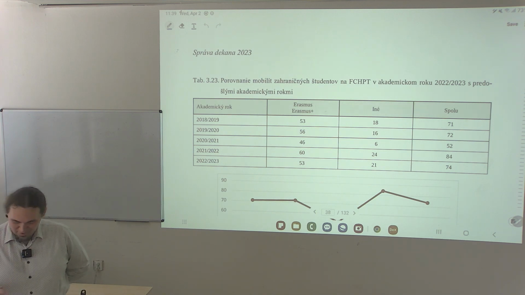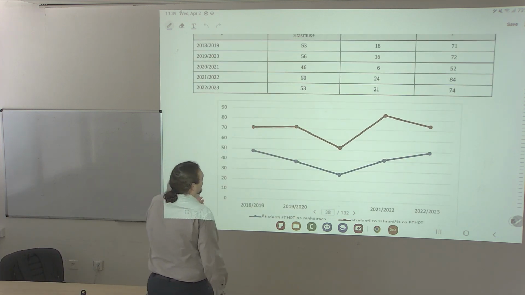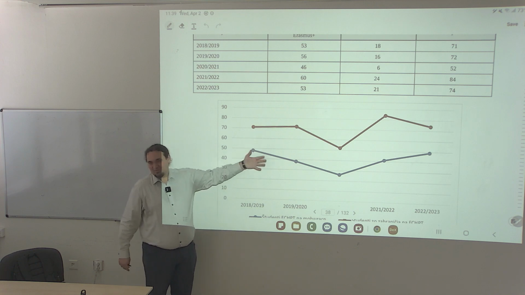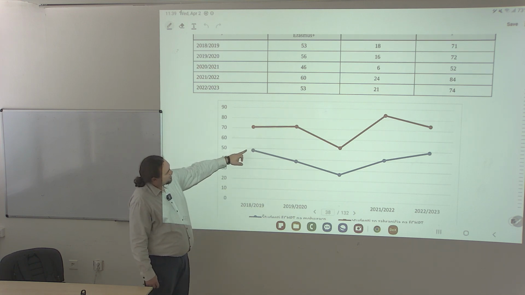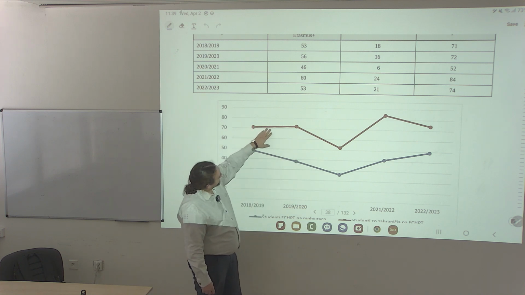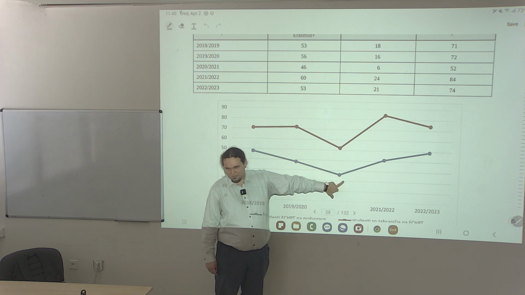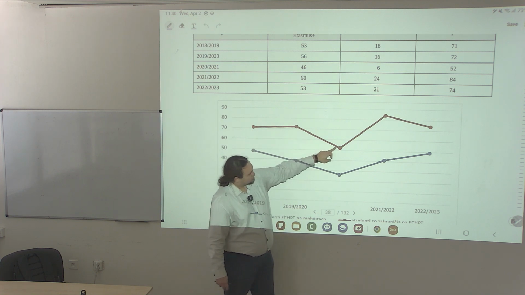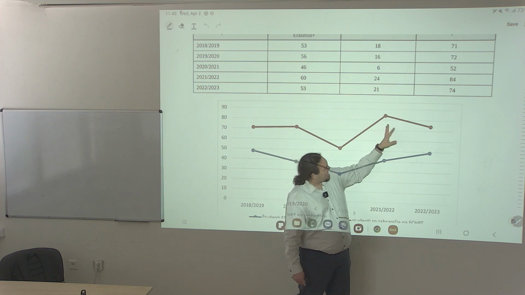It's just 5 numbers, not big statistics, but if you look at this graphically, you might start to notice that if this variable is decreasing, also this variable is decreasing.